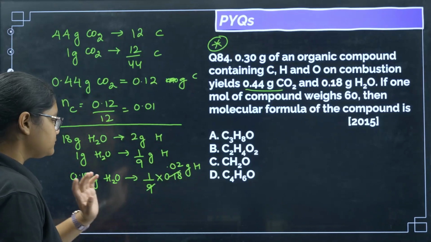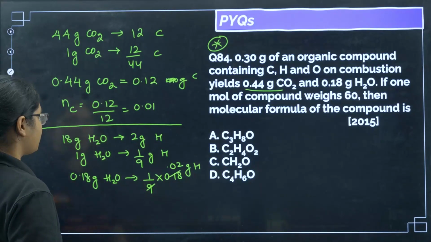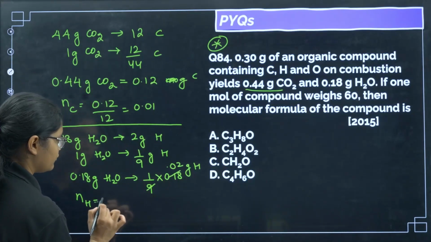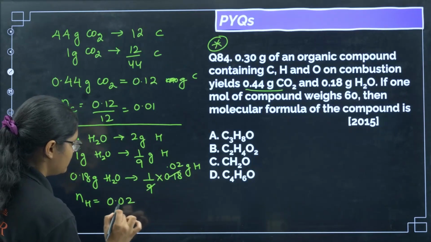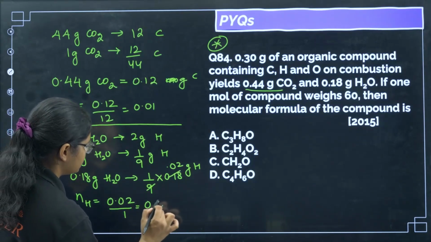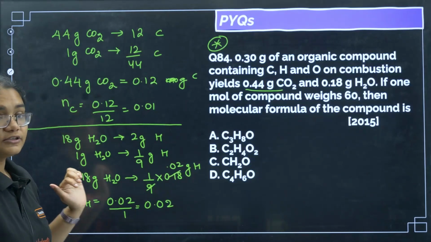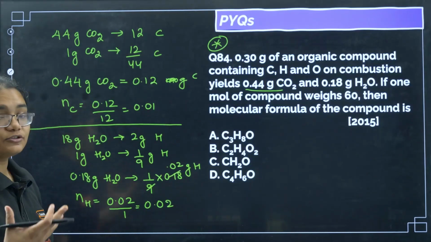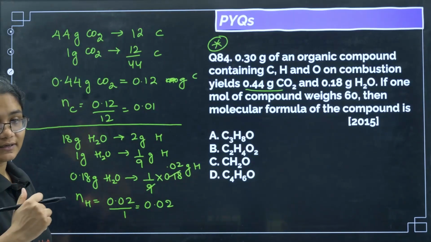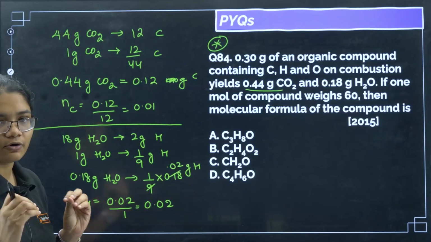Okay. Now what will happen? If I want to calculate the number of moles of hydrogen, I will get 0.02 divided by 1, that is 0.02. Okay, number of moles of carbon got, number of moles of hydrogen got. Now I can also calculate the number of moles of oxygen. So for that I need to get the mass of oxygen, right?